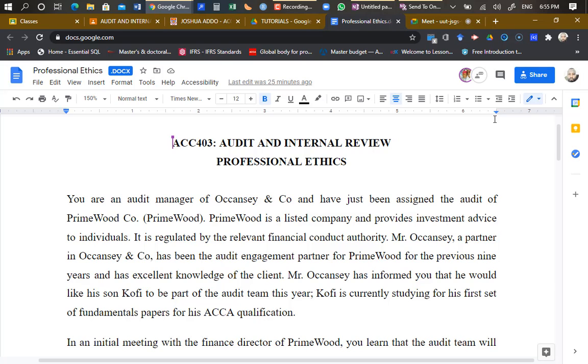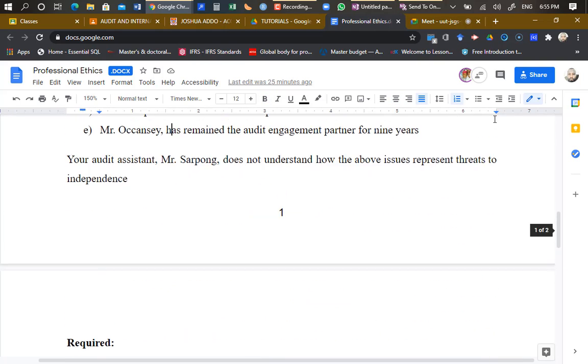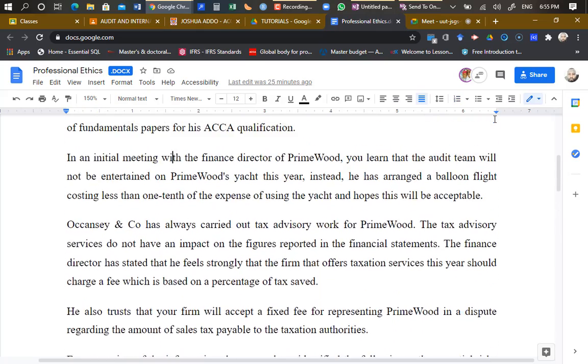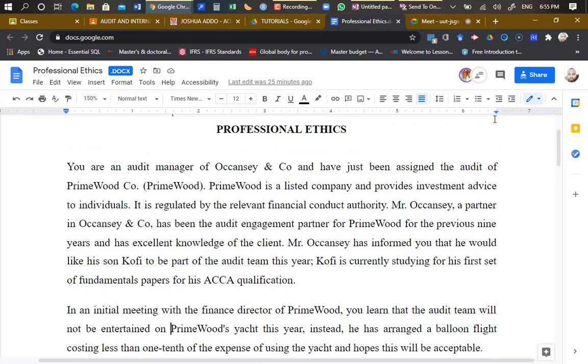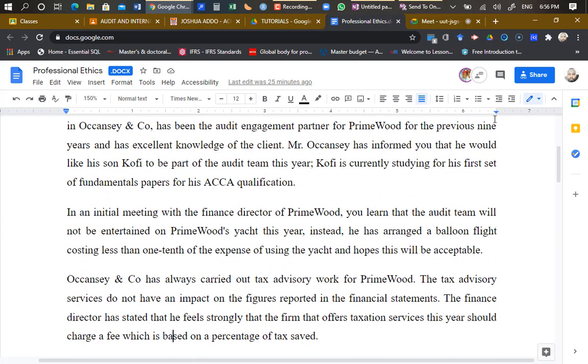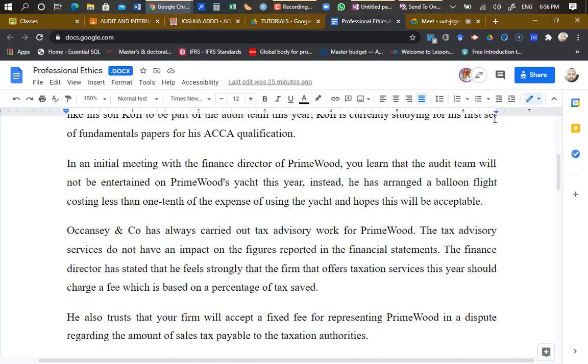Can I scroll? Yes, we can scroll. Okay, so now let's go to the second paragraph. Second and third. We can read all of them together.